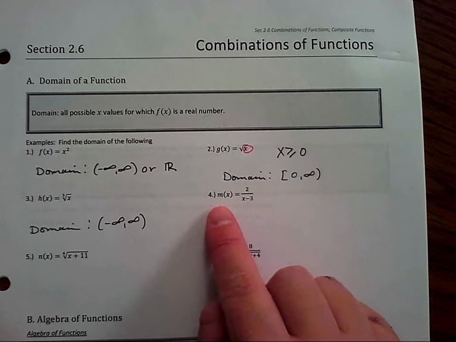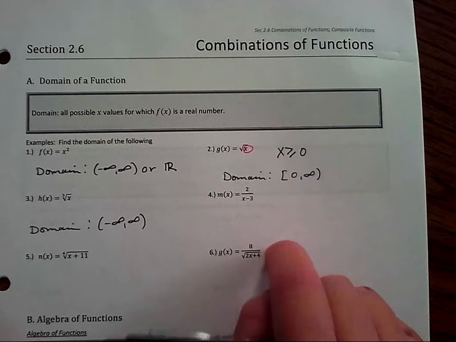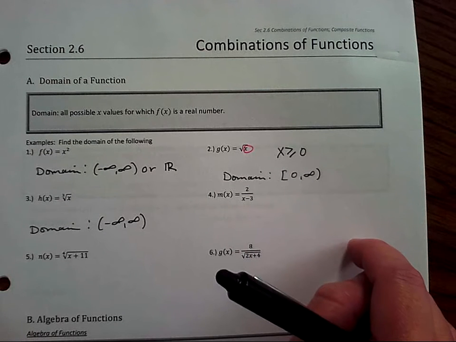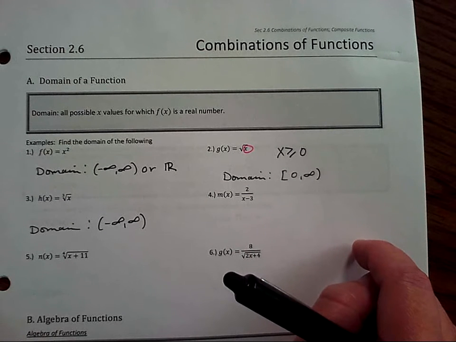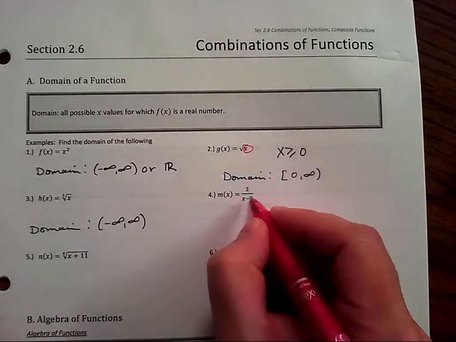Okay, number 4, m of x equals 2 over x minus 3. What do you guys know about fractions? What's not allowed for a fraction? Denominator cannot equal 0.